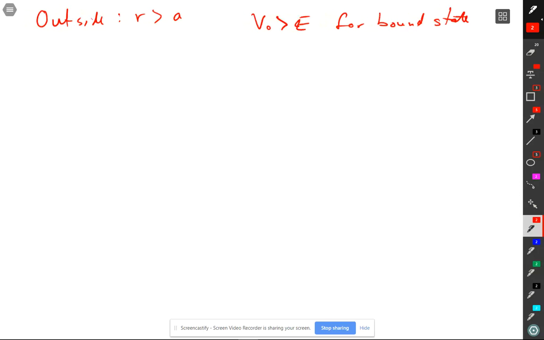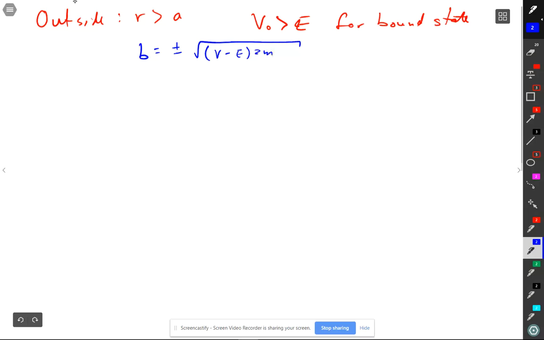And so our solution is going to be just going back to what we had before. We had b equaled plus or minus the square root of v minus e times 2m over h bar squared. Well, now v minus e is positive, so define kappa as square root of v0 minus e times 2m over h bar squared, and b is equal to just plus or minus kappa.